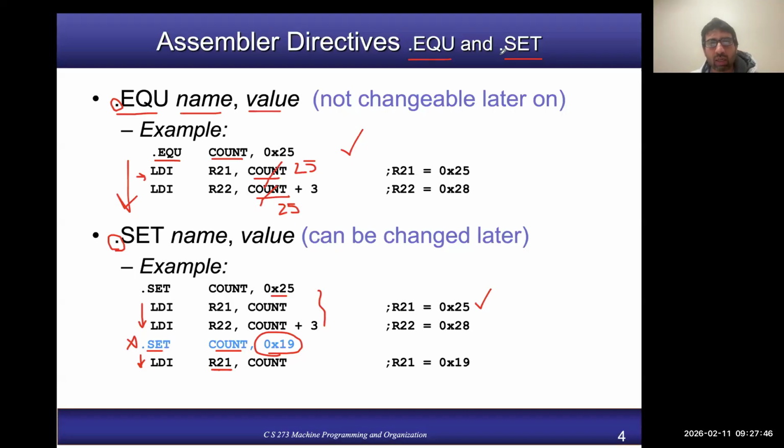And another feature is, let's say in the first run of the program you want to test your program using the constant value of 25. In the second run, you want to test the program by setting the value equal to 100. If you were not using equate, you would need to change the code at all places where you had placed the 25, right? But if you are using equate, you just need to make the change at a single place.